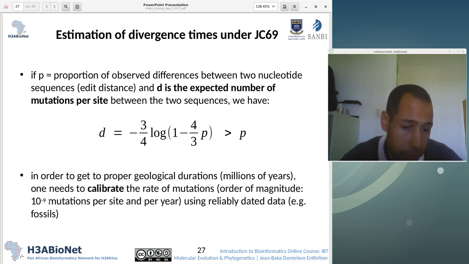So if you have this rate, then you can transform your measurements that are in terms of expected mutations per site into geological times.